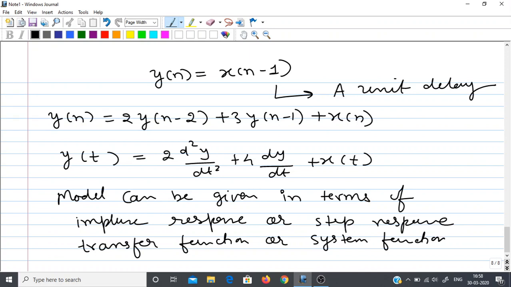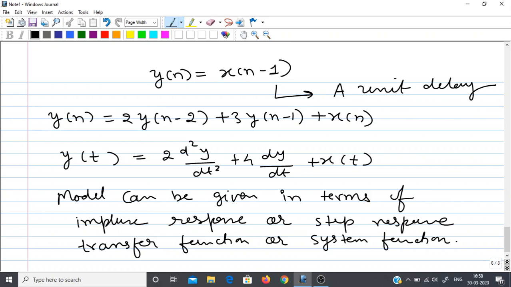So the analysis of the system means to compute the output for the given input when the system is expressed either as a difference equation, a differential equation, an impulse response, a step response, or a transfer function or system function.